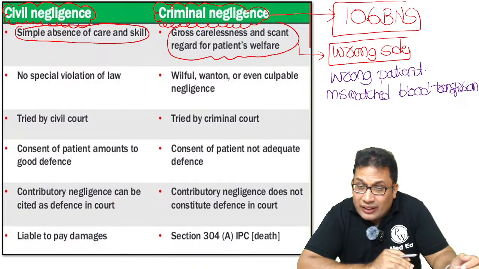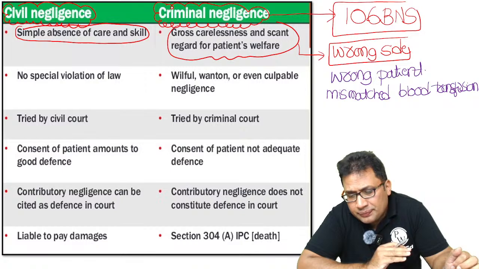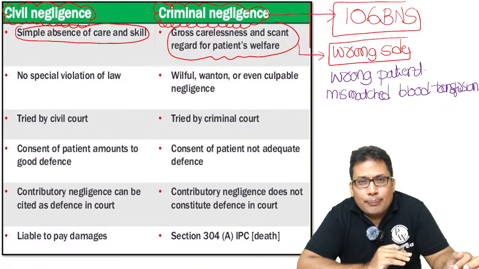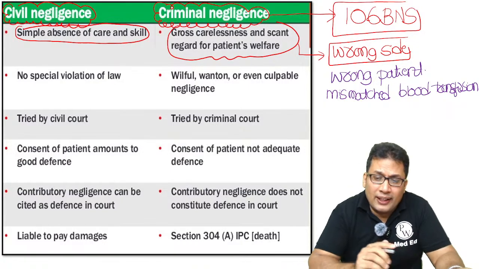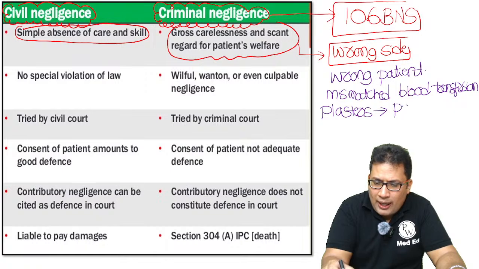Wrong amputation, very good. Wrong amputation, right and left, very good. Then any other example? For example, applying very tight plaster leading to paralysis of the limb.